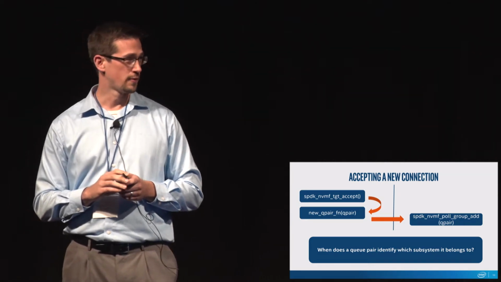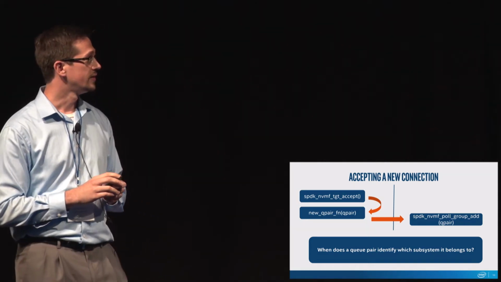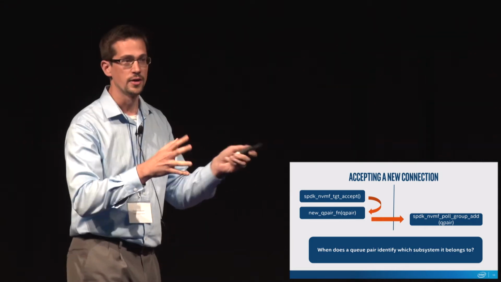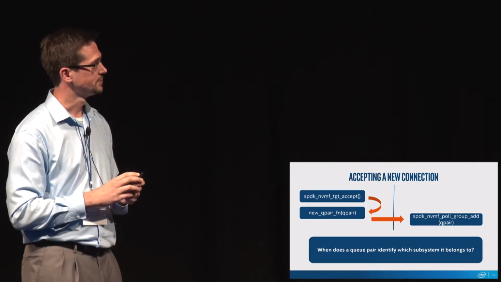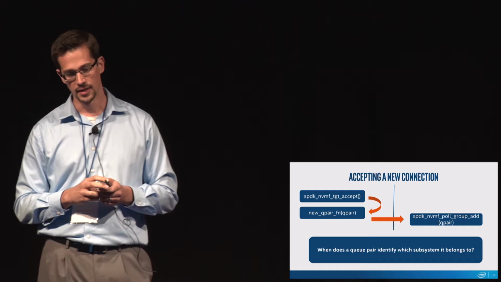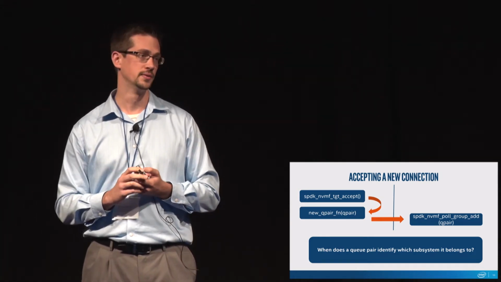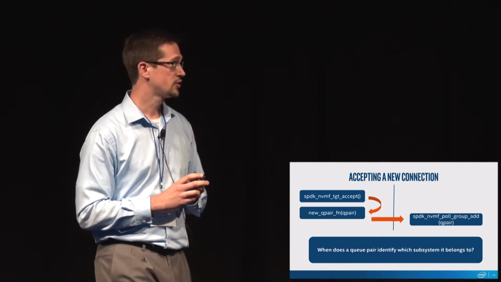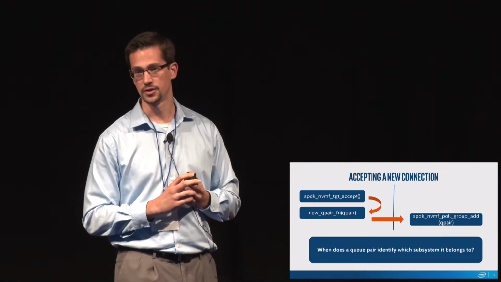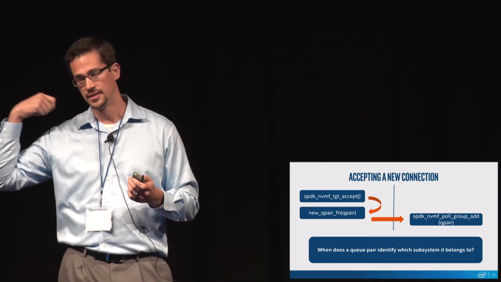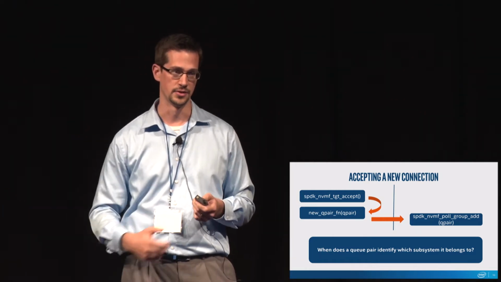Again, an NVMe over Fabrics Q pair is, for RDMA, an RDMA Q pair. For TCP, it's a socket. Your job in that callback is to assign it to a poll group. The connection is not live until you assign it to the poll group, because it doesn't have an associated completion queue for RDMA, for instance.